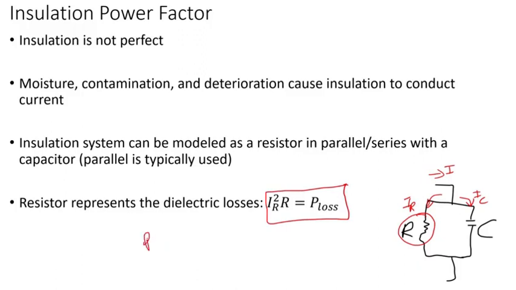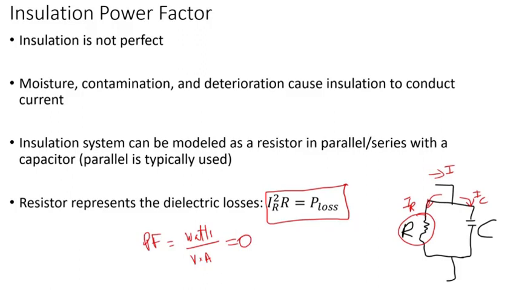And we know the power factor equation: it's watts divided by voltage times amps, whatever voltage you apply, whatever current is circulated. For insulation, we want this to be 0, but we know it's not going to be 0.